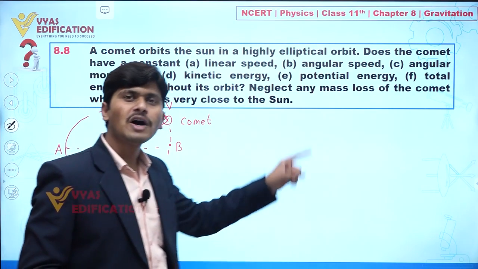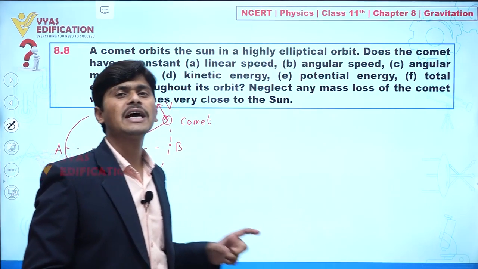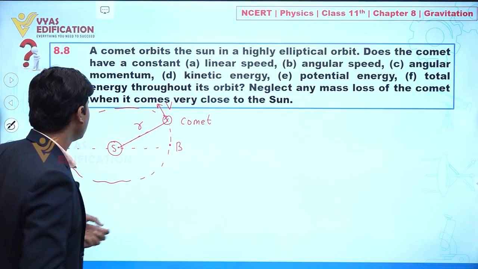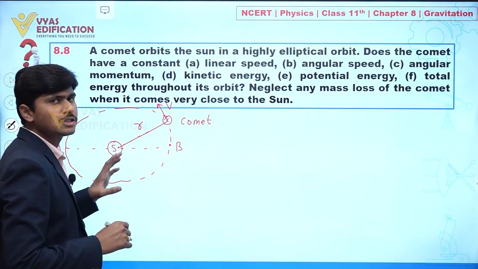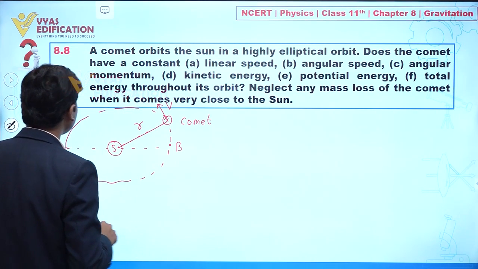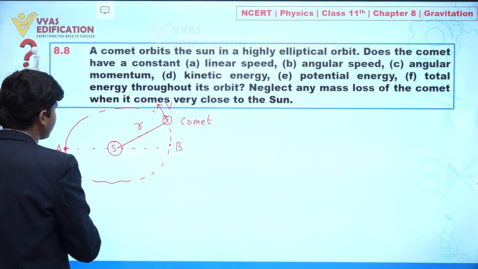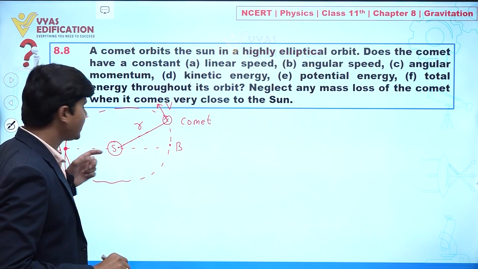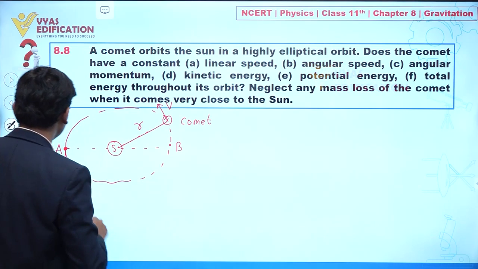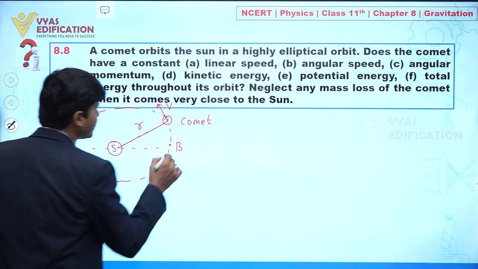All planets revolve around the sun, and the sun is situated at one of the foci, not the center. So when this comet is near to the sun, definitely its speed will be more compared to the other position.